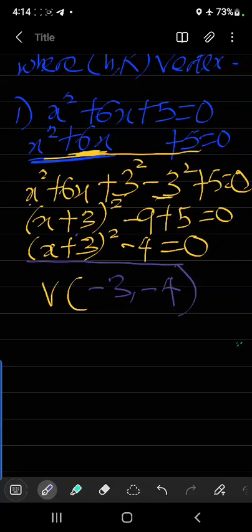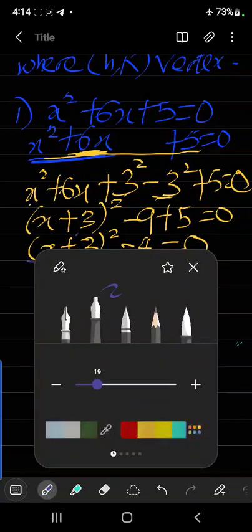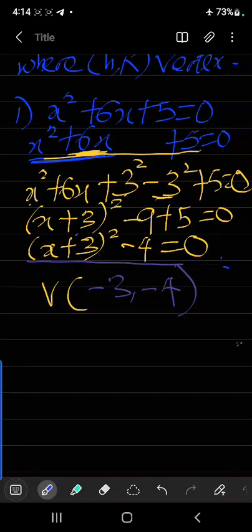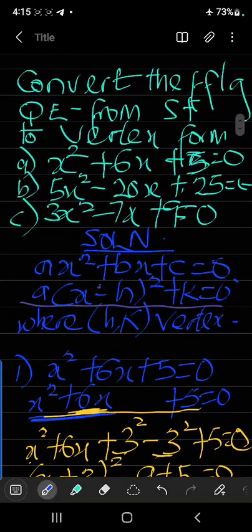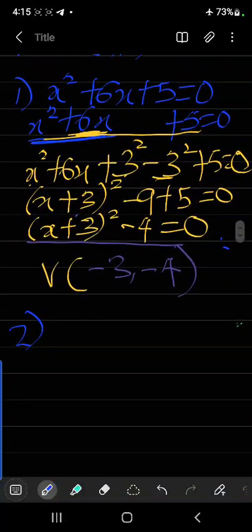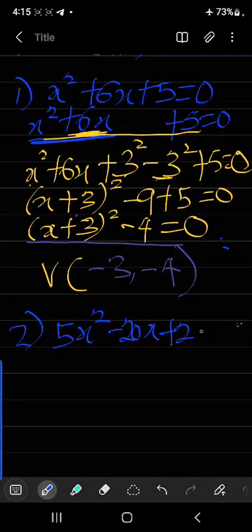Let's finish the question. Now, number two. Let's go back. What do we have there? We've got 5x squared minus 20x plus 25 equals 0.